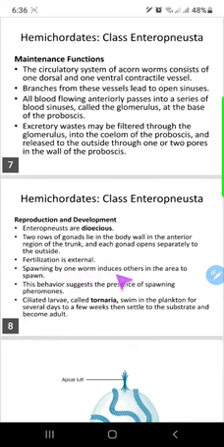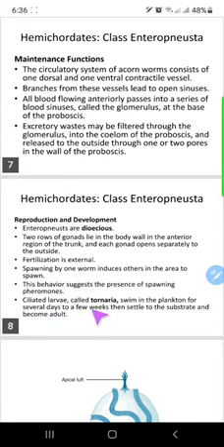Spawning by one worm induces others in the area to spawn. One worm releases the eggs, others also release the sperm. This behavior suggests the presence of spawning pheromones, released by one worm into the water, that induce spawning in the other worms.